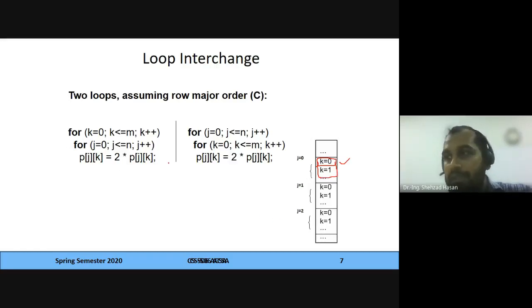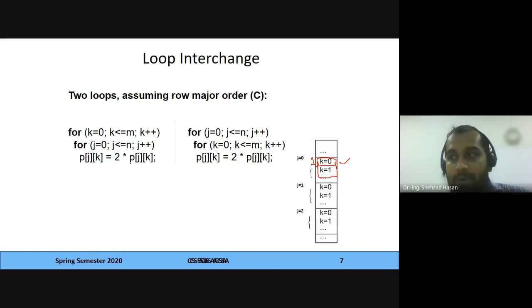Now let's see what's happening in the first algorithm here. In the first program, the value of j is changing frequently. This would be our first element that is fetched, and along with this, a whole block is going to come into the cache. Then we change the value of j from 0 to 1.